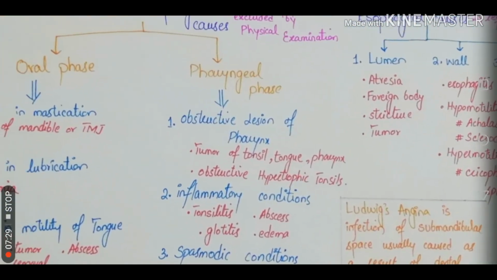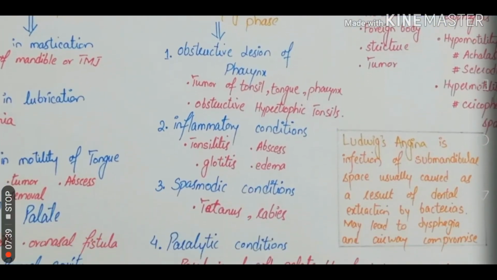Now, talking about the pharyngeal phase, what are the different factors which cause pharyngeal phase dysphagia? Number one, if there is any obstructive lesion of the pharynx, for example, tumor of the tonsils, tongue, or pharynx, or obstructive hypertrophic tonsils, they can cause obstruction.